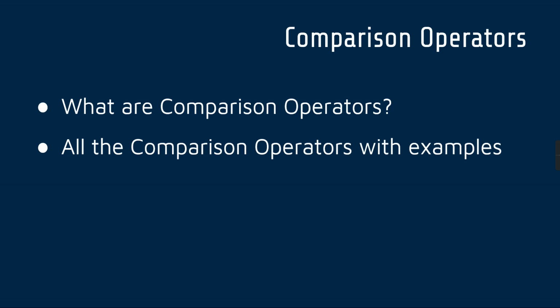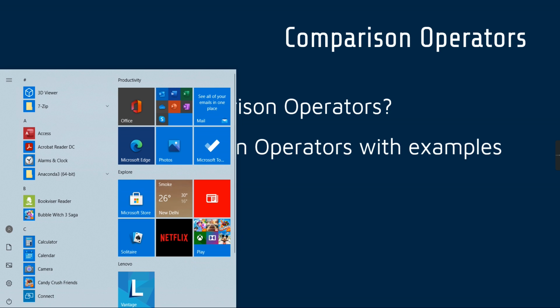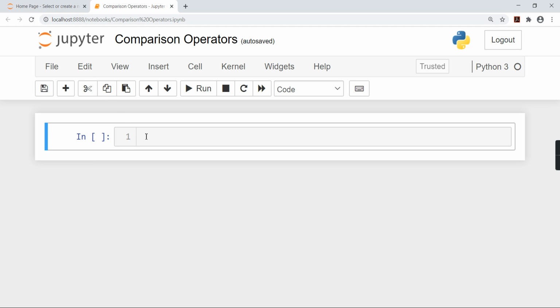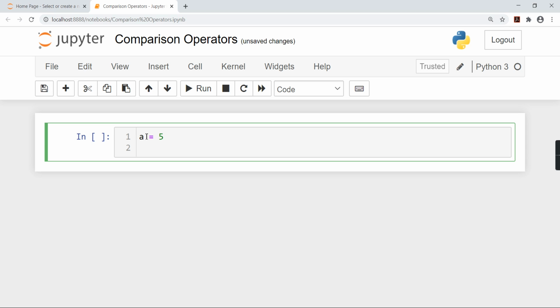Now let's look at all the possible comparison operators that we have in Python in our Jupyter notebook. So I'll jump into my Jupyter notebook. Okay. So like I mentioned, let's take these two variables. A is equal to 5 and let's say B is equal to 8.